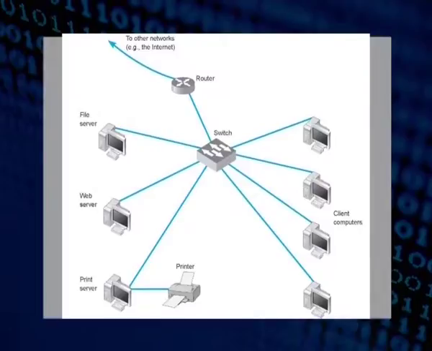A local area network usually links the devices in a single office, building or campus. One LAN can serve a single department, multiple groups or all users within a building.